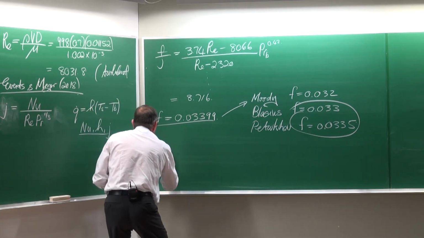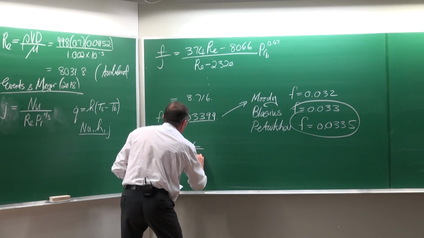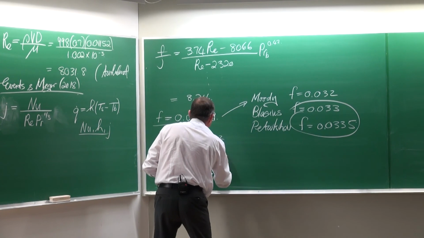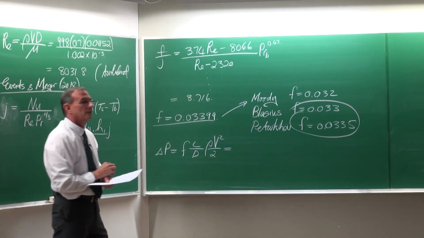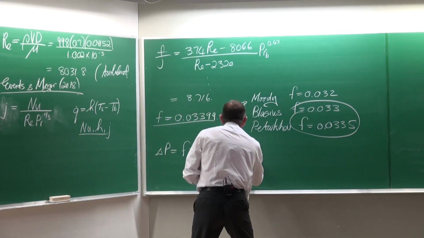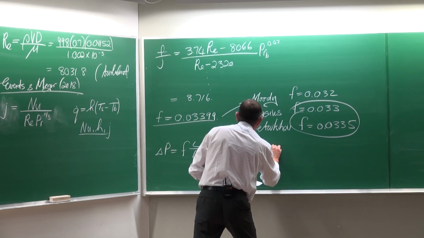And then you can go and determine the pressure drop, which is equal to F multiplied by L over D multiplied by rho V squared divided by 2. Friction factor is equal to 0.03399.